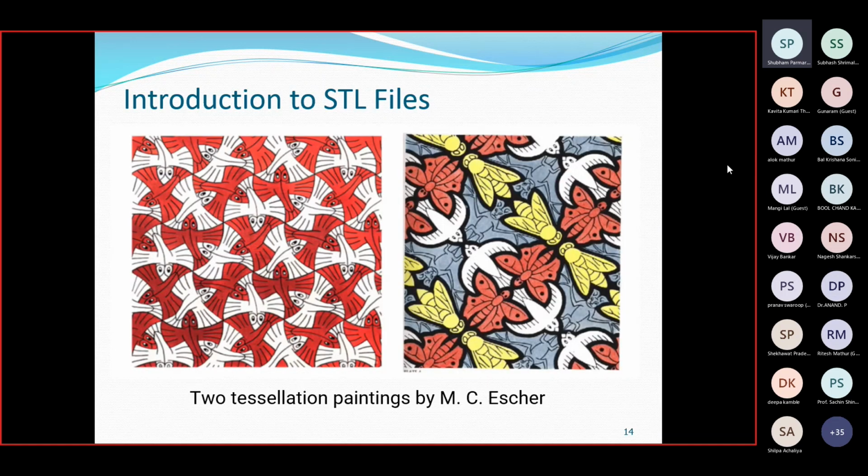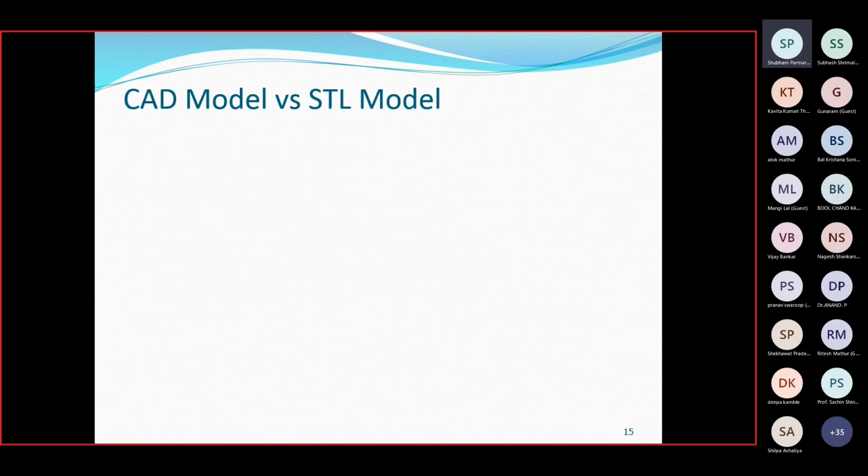These are the examples, very good paintings, and from the work of MC Escher, Chuck Hull got the inspiration and started with STL files, using them with CAD models to generate STL models.